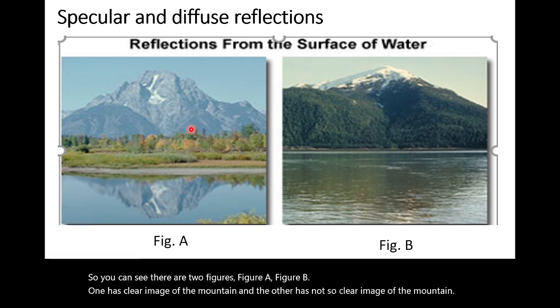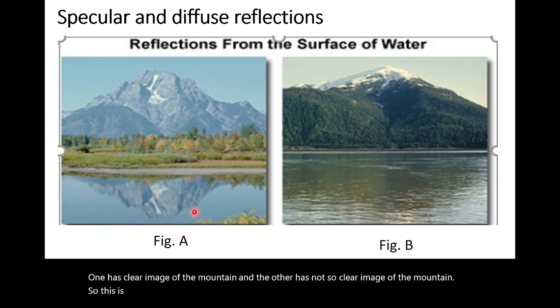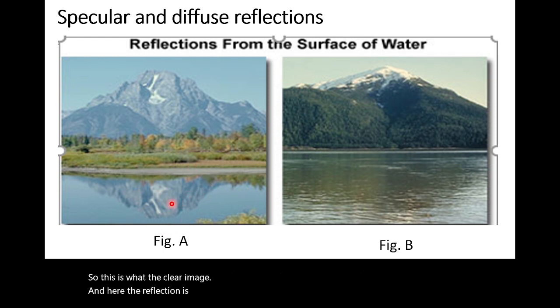So this is with the clear image. Here the reflection is specular. Here diffuse. No clear image, no specular reflection, diffuse reflection.